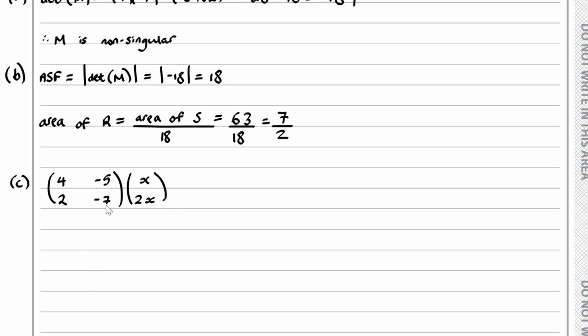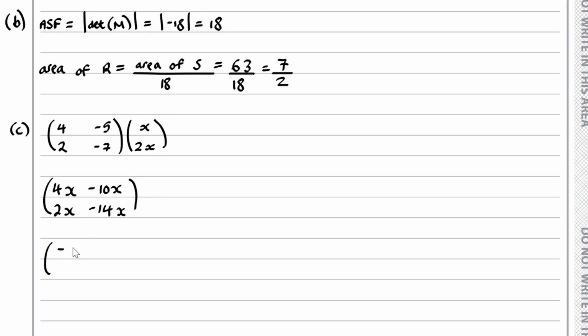So if we work this out, we have 4 times by x, that's just 4x. And then we have minus 5 times by 2x, that's minus 10x. And then we have 2 times by x. And then we have minus 7 times by 2x, that's minus 14x. So therefore, we have minus 6x and then minus 12x. This is our result of multiplying this matrix with this vector.